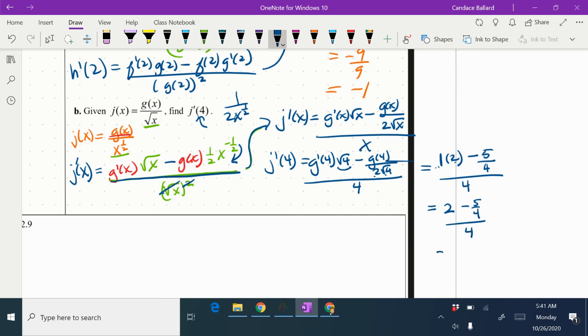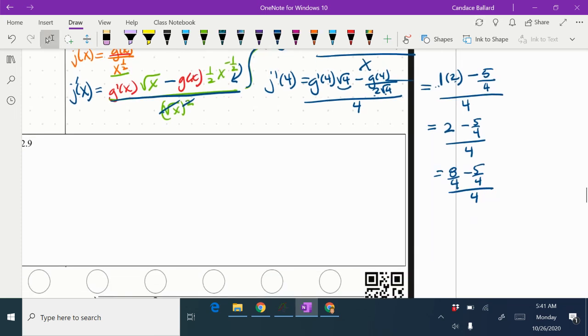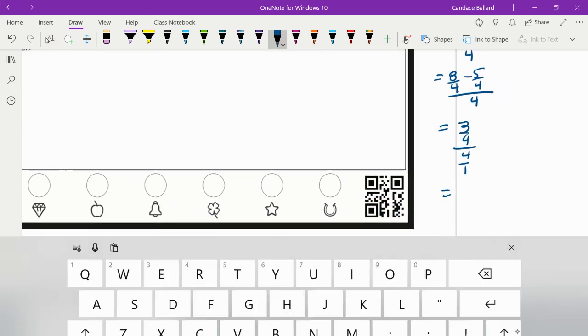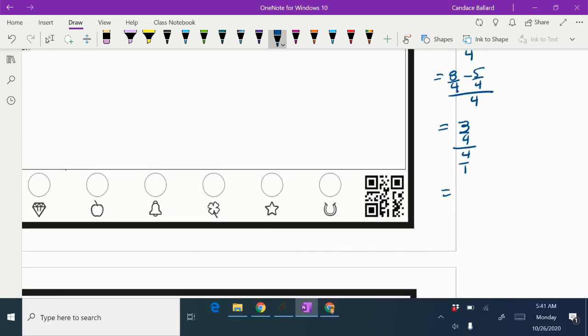I'm going to turn that 2 into fourths, so that would be 8 fourths minus 5 fourths over 4. 8 fourths minus 5 fourths would be 3 fourths over 4, and it's technically 4 over 1, so I'm going to get rid of the complex fraction, so I would end up with 3 fourths times 1 over 4, so I would end up with 3 eighths. I take that back. I would end up with 3/16 because 4 times 4 is 16, not 8.